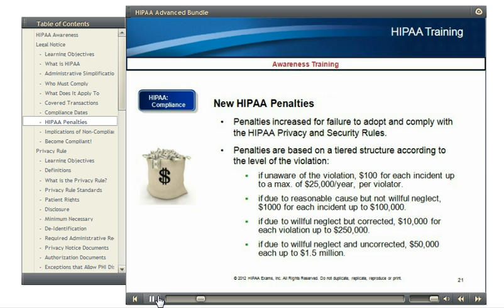If due to reasonable cause, but not willful neglect, $1,000 for each incident, up to $100,000. If due to willful neglect, but corrected, $10,000 for each violation, up to $250,000. If due to willful neglect and uncorrected, $50,000 each, up to $1.5 million.